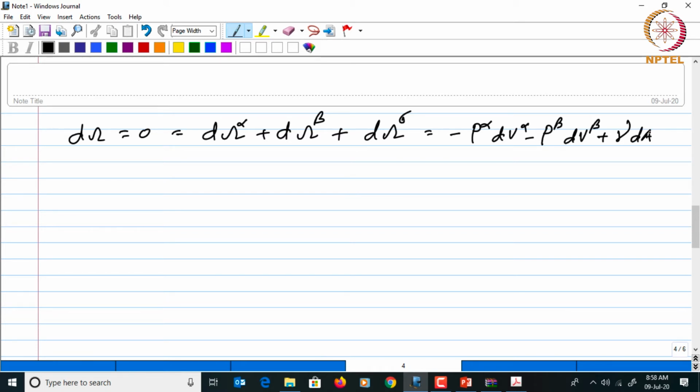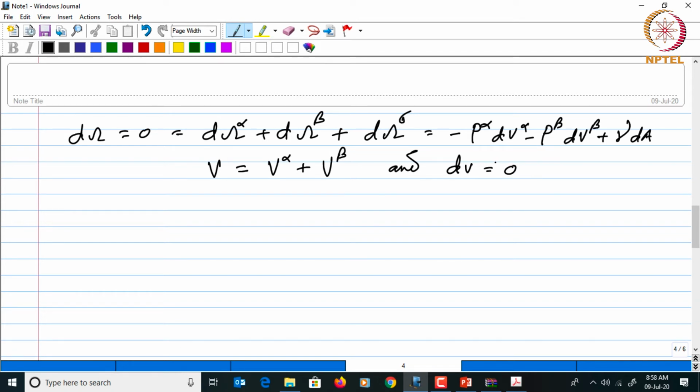Okay, and now here V is constant, so we can say that V is equal to V alpha plus V beta, and V is constant, so dV is 0.